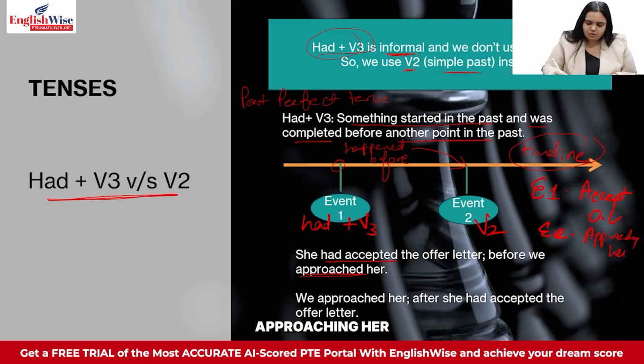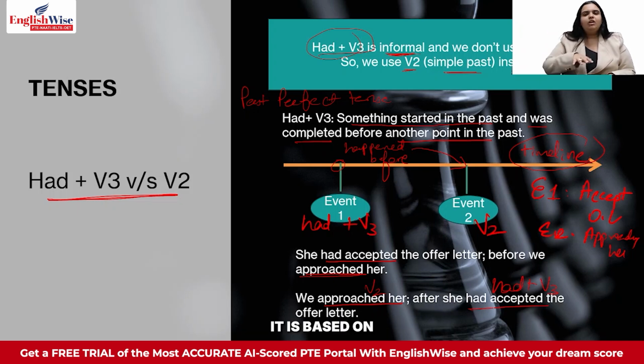Again, over here, event 2, approaching her, takes V2. And she had accepted the offer letter, that is event 1, which happened before, takes had plus V3. So it doesn't matter which event is written in your sentence first, it is based on the timeline.